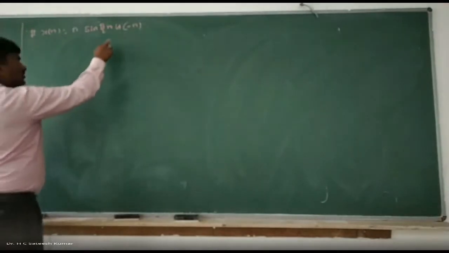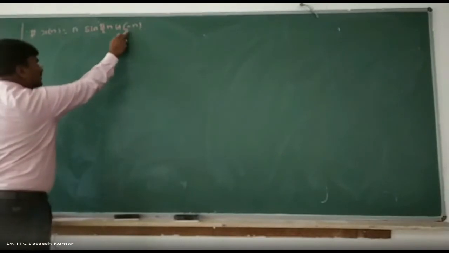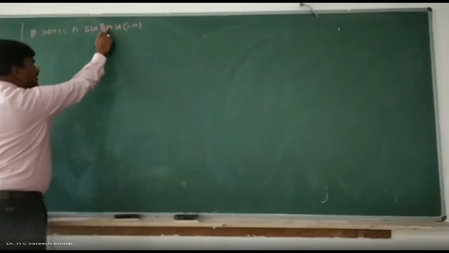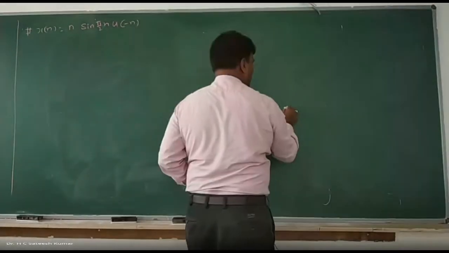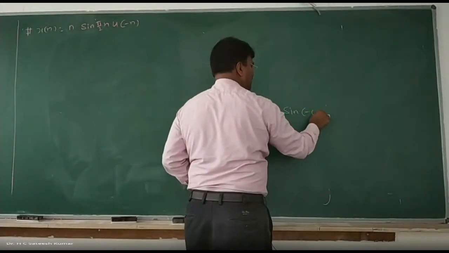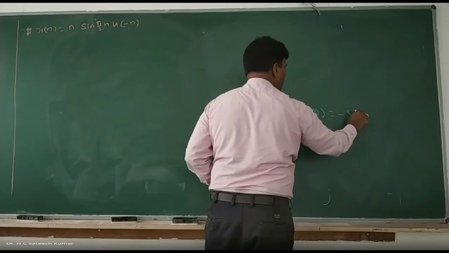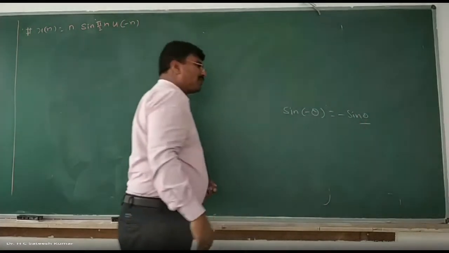So what you should do is this: here plus n is there, here minus n. Is it possible to have the minus n? Definitely. If you are making minus n here, one more minus we should do, because we all know that sine of minus theta is minus sine theta. If that is the case, then we can multiply by a minus sign.